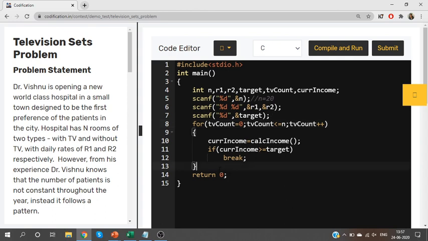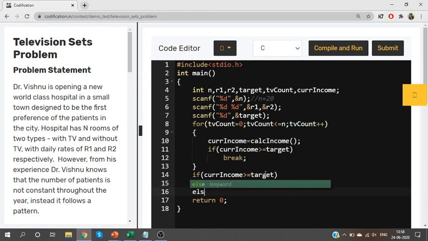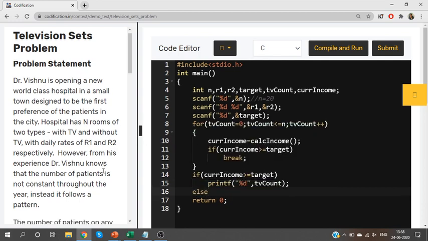Okay. So when I finish the program, if current income is greater than or equal to target, that means target is achieved. If your target is achieved, print TV count. If your target is not achieved, remember the output format.